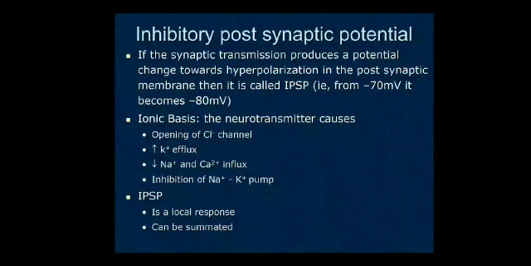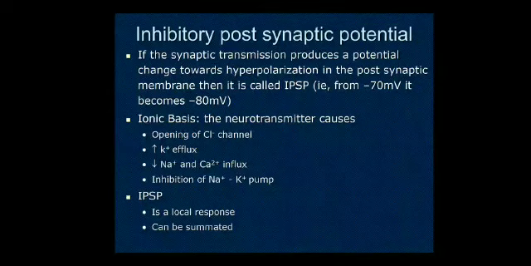It occurs mainly due to the closure of anion channels like chloride channels or opening of potassium channels, potassium efflux, and also decreased sodium and calcium influx. All these cause more negativity inside the cell. That's why it's called inhibitory postsynaptic potential.